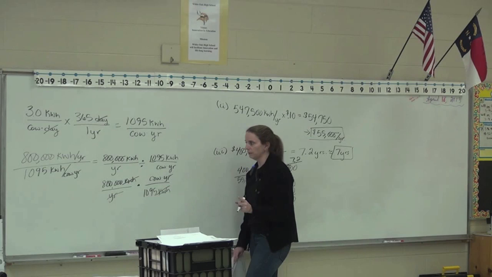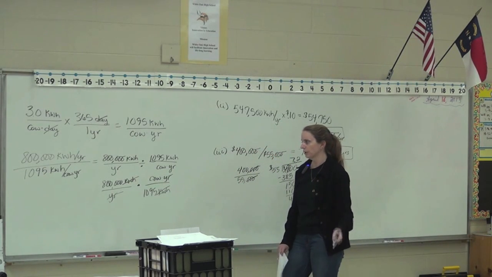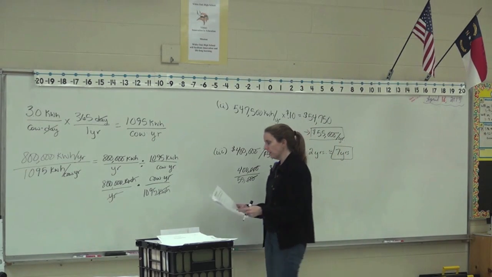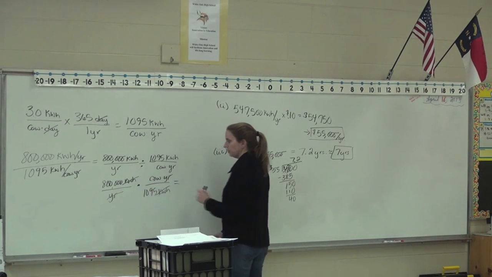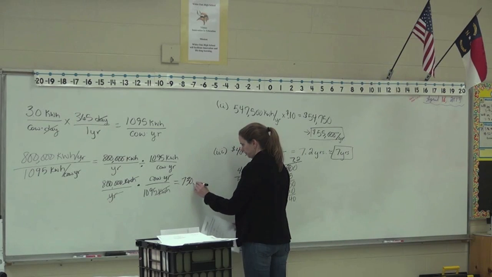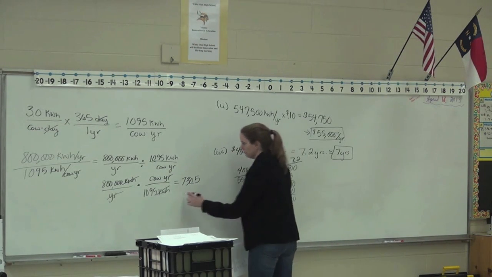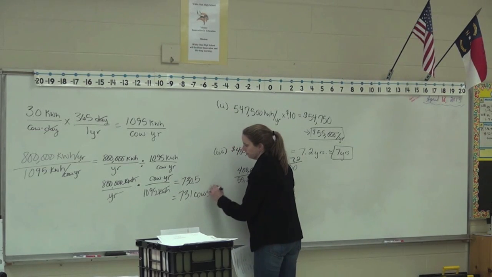Cross out, which is a good thing, because we're trying to figure out how many cows it's going to take for this farmer to create their 800,000 kilowatt hours. So if we just do some basic division, 800,000 divided by 1,095, it's going to come out to be 730.5. But again, these are cows, so we're going to round to 731 cows.